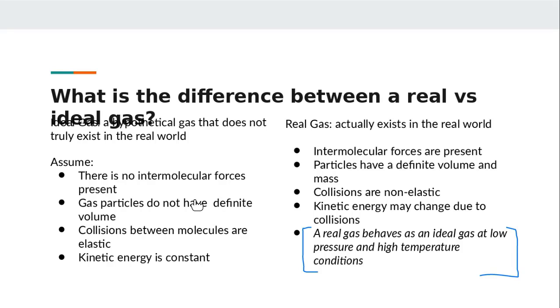So the particles are so far apart that the space between them is so large that the actual volume of the particles is not significant, right? And that's where our assumption of gas particles not having a definite volume comes in. And then at high temperatures, they have high kinetic energy, so the potential energy of our IMFs is relatively insignificant, right? And here's where the no IMF forces comes in.